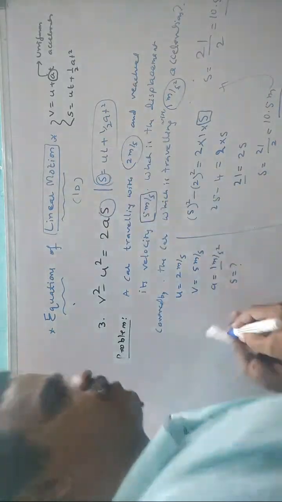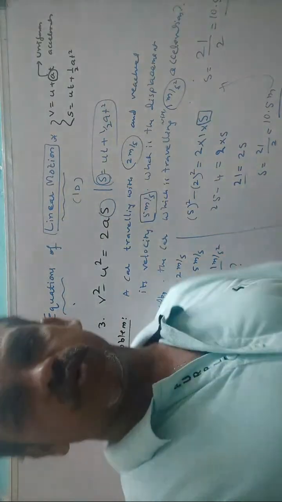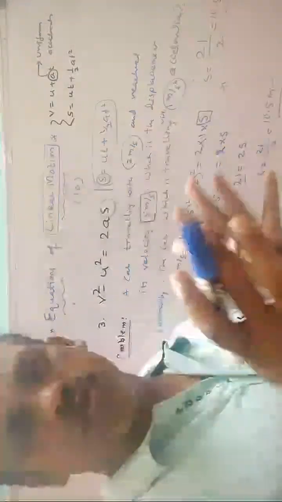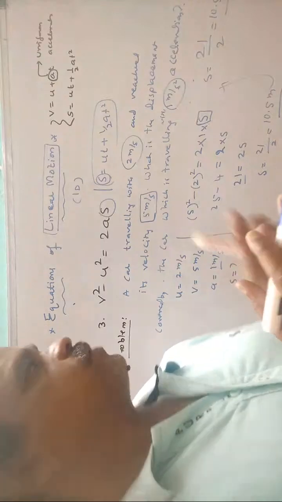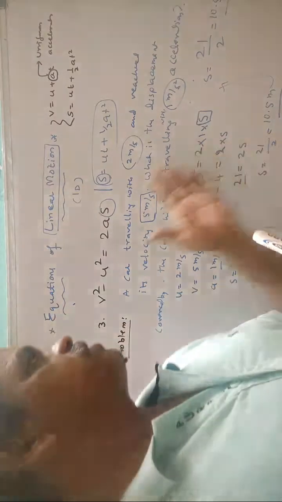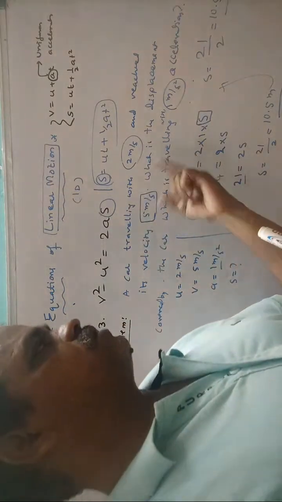Two equations we have. Which equation is suitable to you? We have to find the difference in how we are using these two equations. In both equations we can find the displacement covered by that body. So which is better, which is suitable for this information?